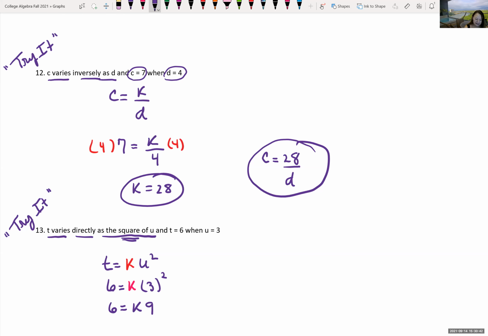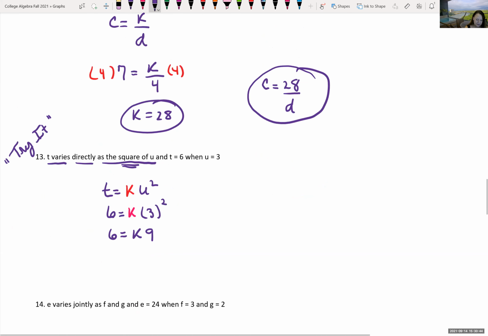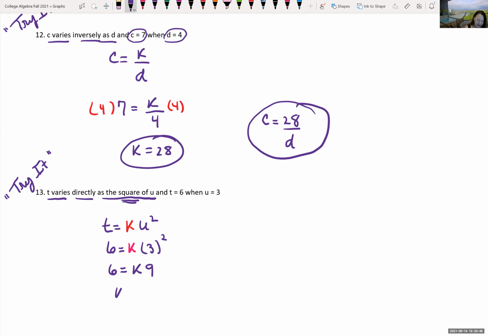So to get K by itself, we're going to divide both sides by 9. And so we get K is equal to 6 over 9, but that reduces. 3 goes into 6 2 times, and 3 goes into 9 3 times. So K is equal to 2/3.